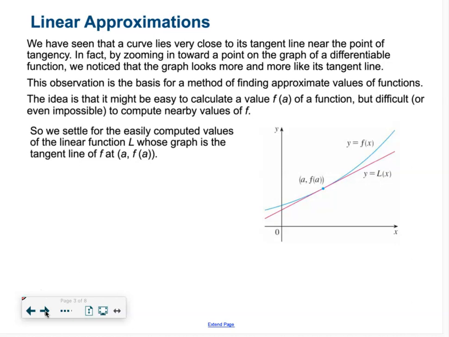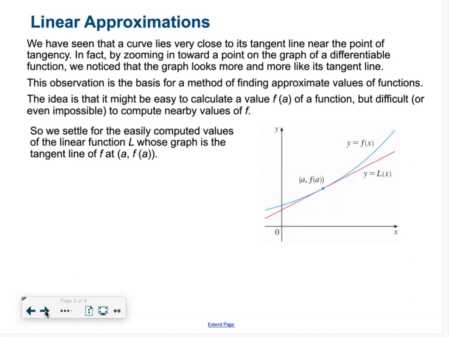Well, number one, a tangent line is easier to plug x's into because it's just a line. Plugging x into a linear equation is easier than plugging it into a cubic or an exponential or a log or whatever. So linear approximation means we plug the number we want to find into the tangent line instead of the function.